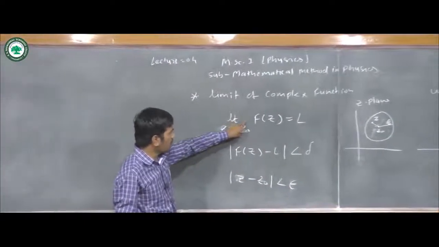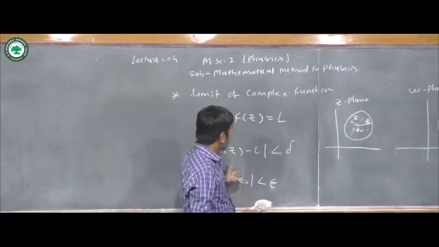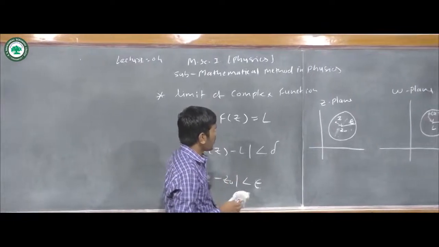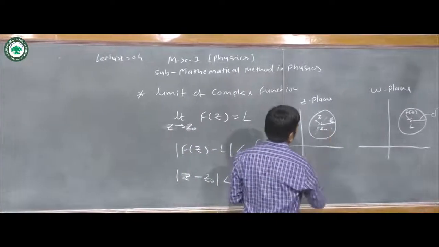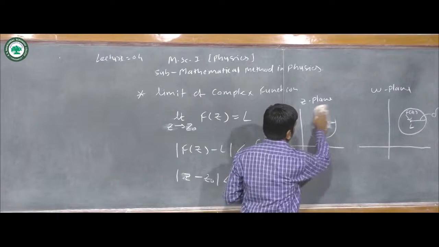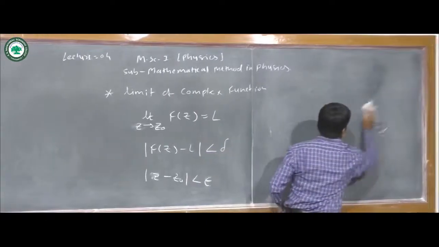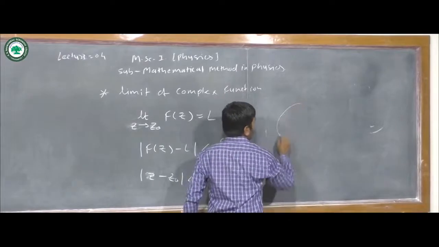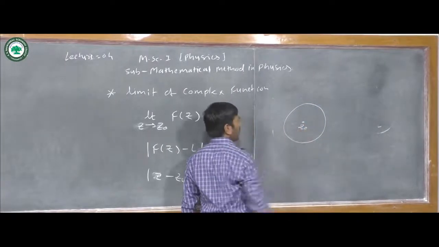Another thing: suppose I have this circle, and here is z naught, this is a point.